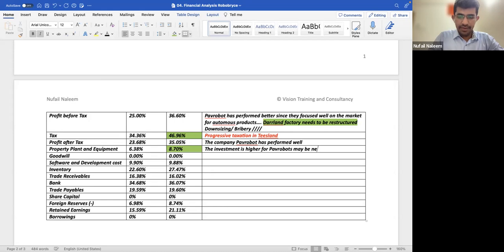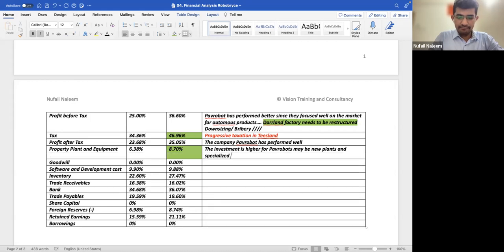Maybe new plants and specialized machineries for manufacturing. Goodwill, no change. That means there is no acquisition during the year.